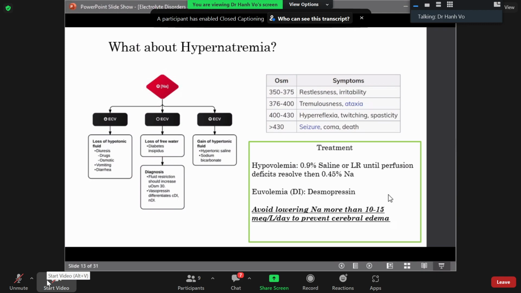Like hyponatremia, we will treat hypernatremia when the patient has severe symptoms, and we will give fluid until the perfusion deficit resolves, and after that we give 0.45% sodium chloride. With euvolemic hypernatremia, we will give desmopressin.